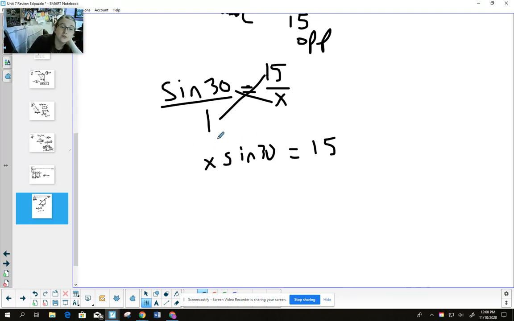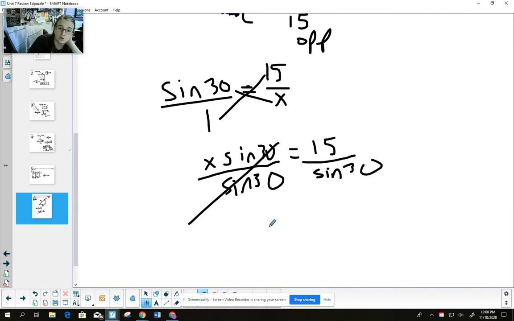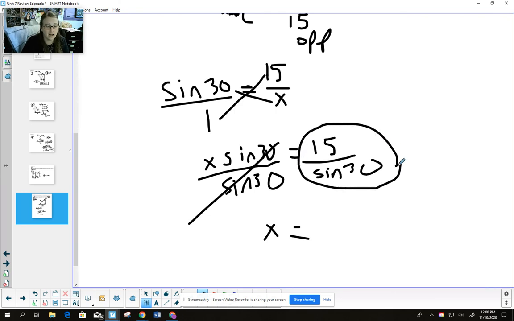So if you end up like this, don't forget, all you gotta do is divide the trig function over. It's multiplying with the X currently, so we are going to undo it and divide. So now that X is by itself, now we can plug in the calculator. 15 divided by sine 30, as it ends up being 30.